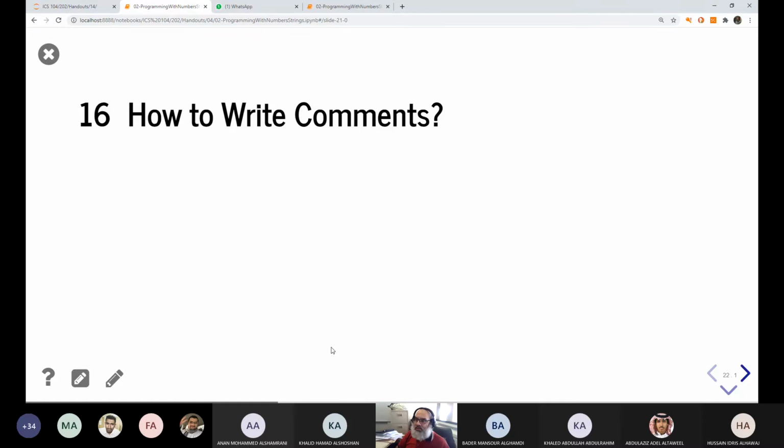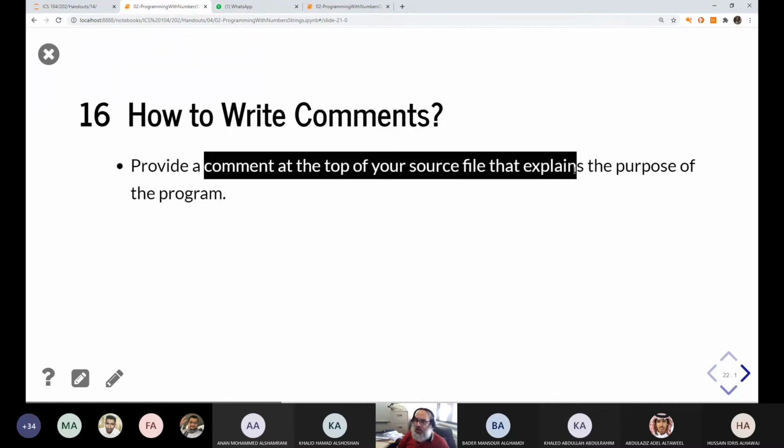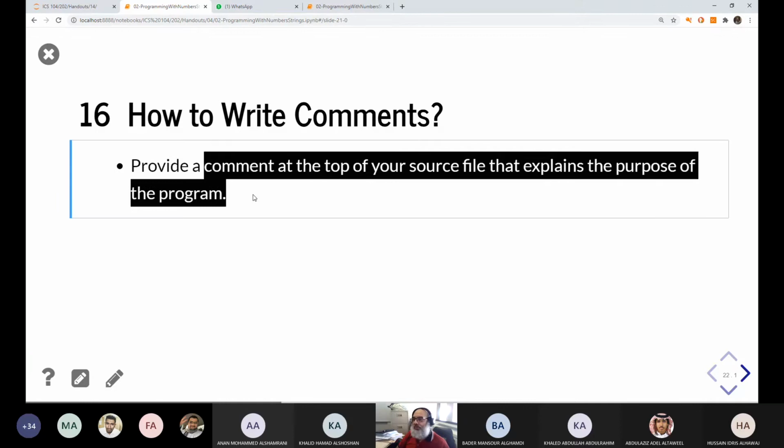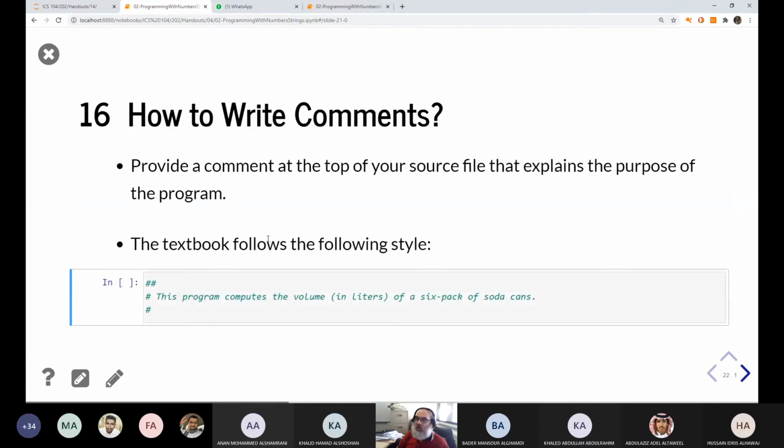So how to write comments? Well, you can provide a comment at the top of your source file that explains the purpose of the program, and your book follows the following style. It starts with two pound signs and then a pound sign, and then, this program computes the volume in liters of a 6-pack of soda cans, and another one, and then you will see the code beneath.